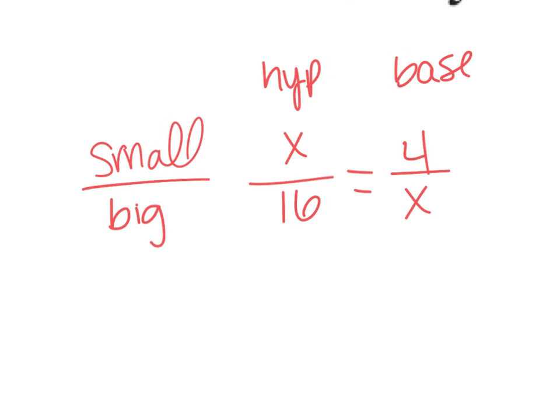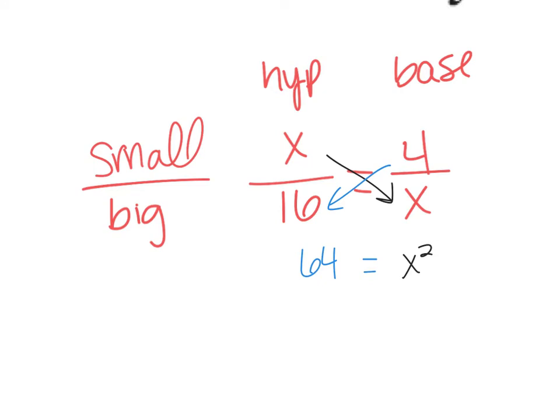So here we have our equation. We do have two X's in it, but that's okay, we can solve it. X times X gives you X squared, and 4 times 16 gives you 64. So X squared equals 64. How do you get X by itself?